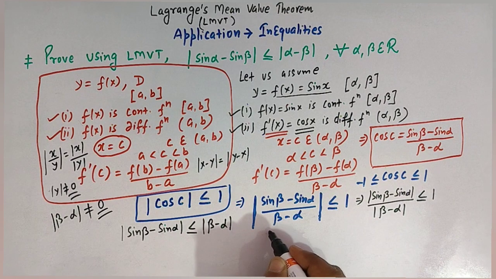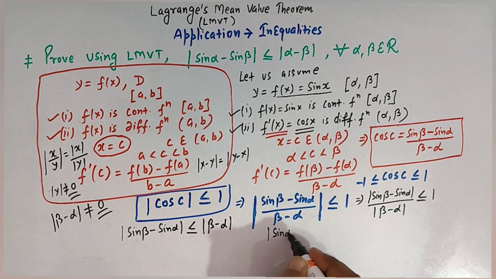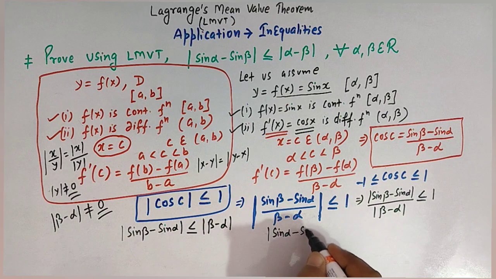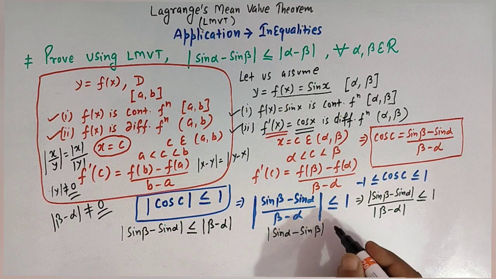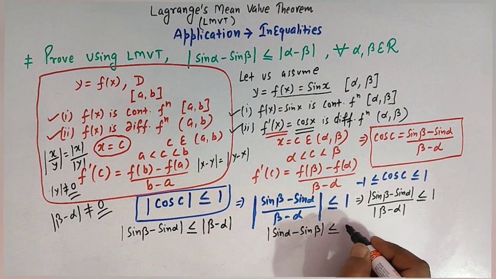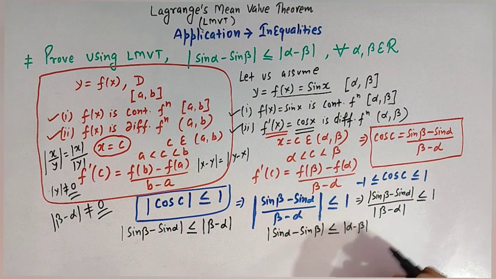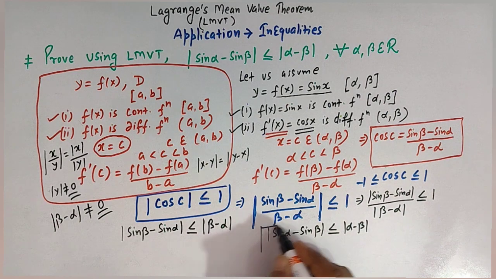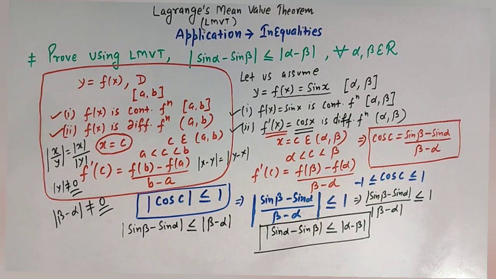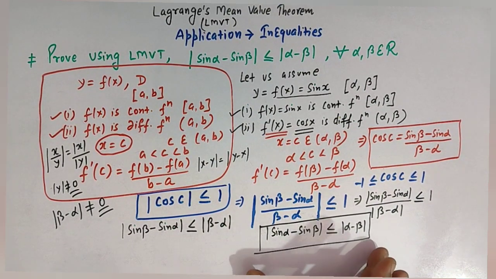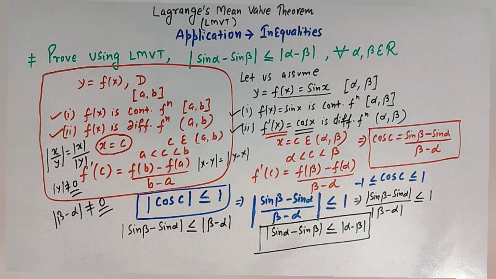So here we can now write mod of sine alpha minus sine beta is less than or equal to mod of alpha minus beta, right? Which is the desired inequality, right? So viewers, this is how we can prove this inequality, right?